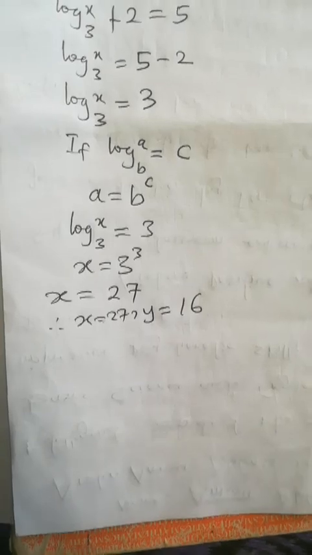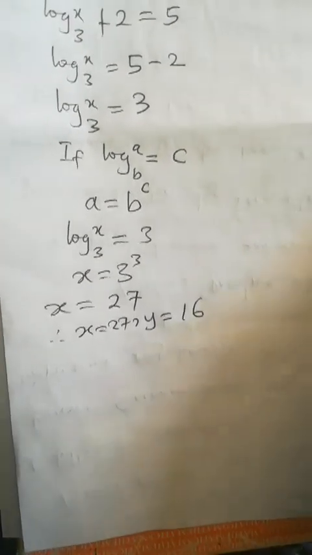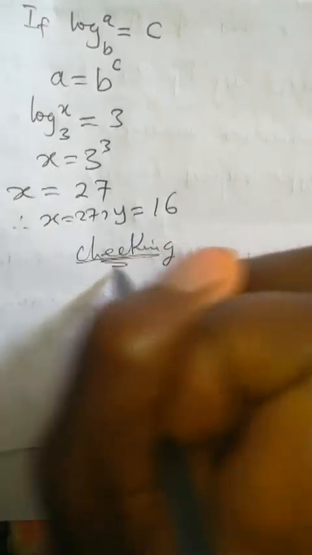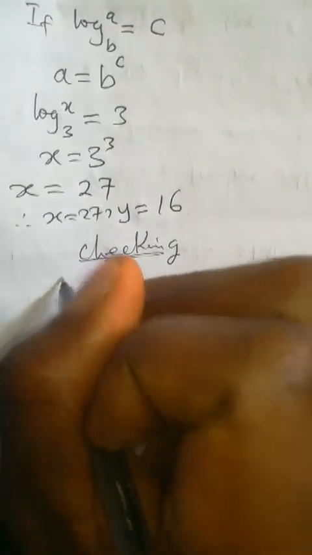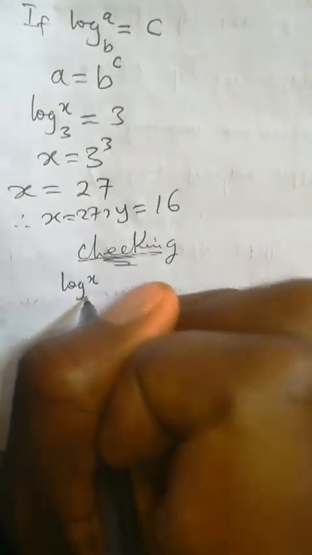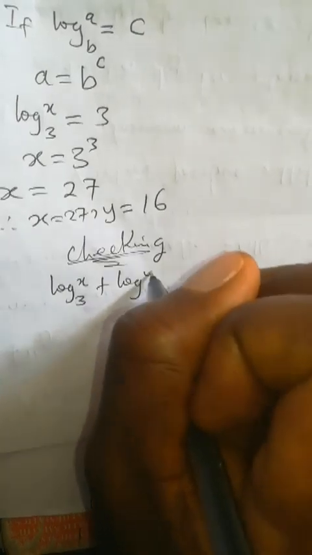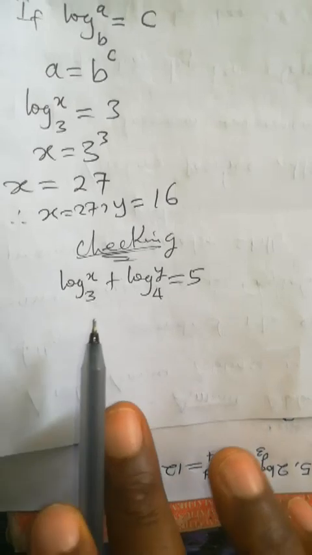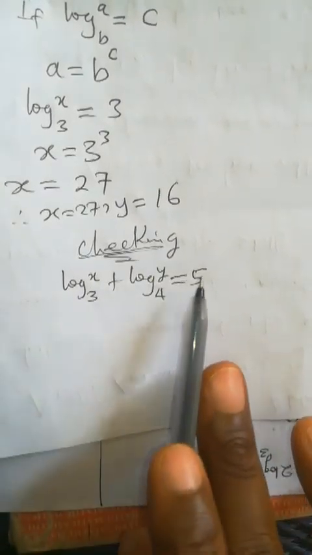So these are the values of our unknowns, x and y. We can do a simple check to verify whether our answer is correct. To do that, let's substitute the values of x and y in equation 1. Equation 1 says log x base 3 plus log y base 4 is equal to 5. If we substitute the values of x and y, are we going to get 5?